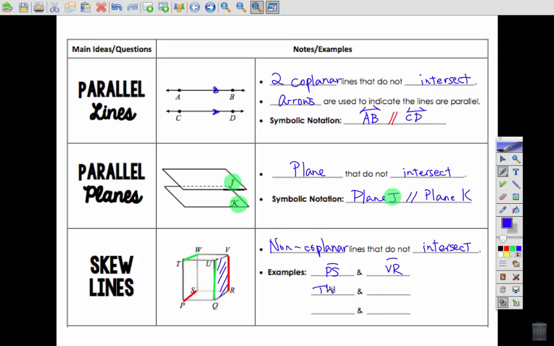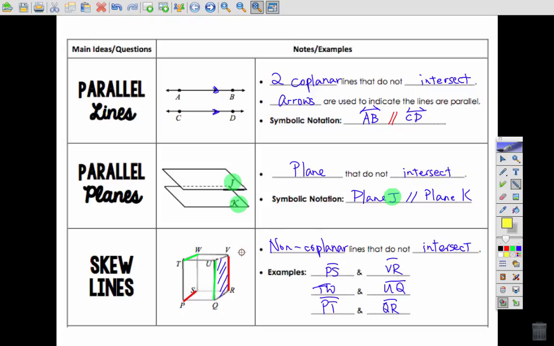So TW and UQ, they are skew lines as well. Okay, and PT, this one in the front, the black one, and QR, this one on the side, is the same thing.